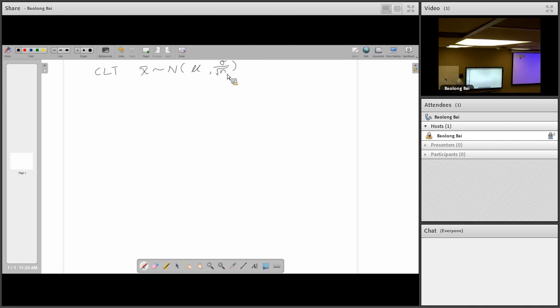We know for any normal variable, we can always standardize that normal variable into a Z. Right? Z is going to be normal with mean equal to 0 and sigma equal to 1. Its transformation will be Z equal to X bar minus mu of X bar and then divided by sigma of X bar, basically, right?